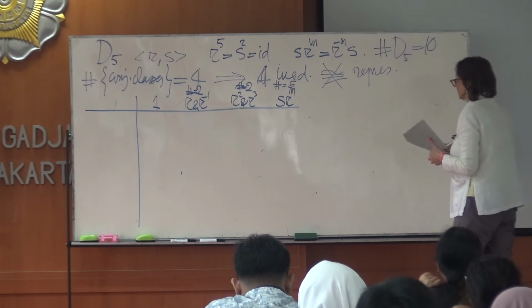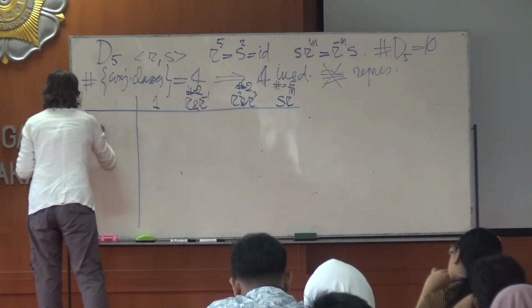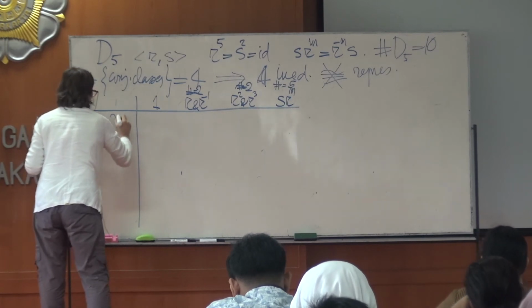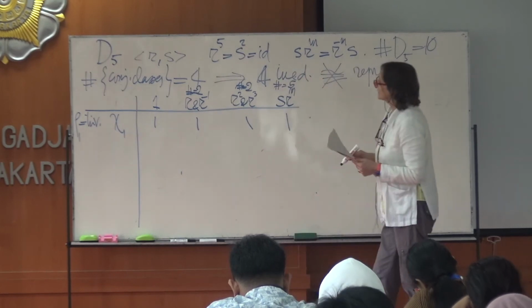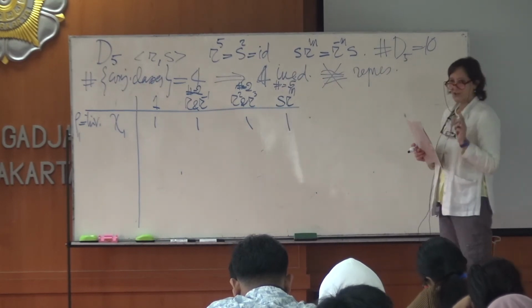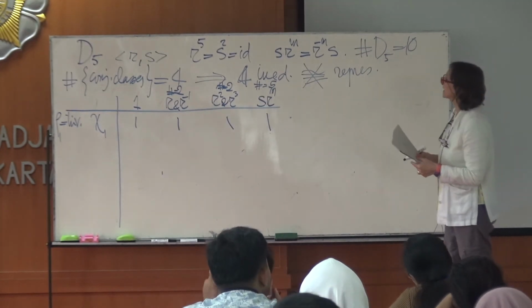So, as usual, we have the identity. Rho 1 is the trivial representation, with character 1, 1, 1, 1. Then we have another one-dimensional representation, which is distinct from this, and we see it from the character table.